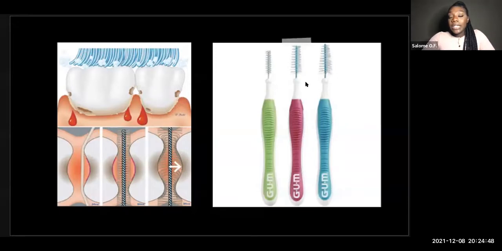But if you are somebody who has sensitive teeth, then toothpaste like Sensodyne may help with the sensitivity you have. But if you're not suffering from sensitivity, any toothpaste that you feel is comfortable for you, that you've been using for a very long time, is good enough. You just have to make sure you're following those techniques that I mentioned with brushing.